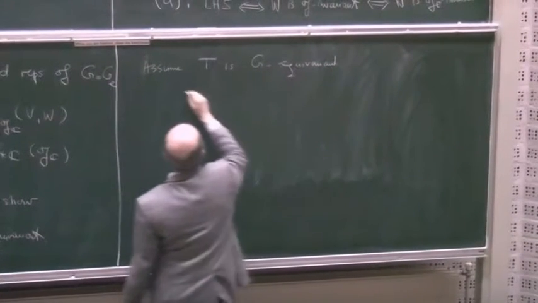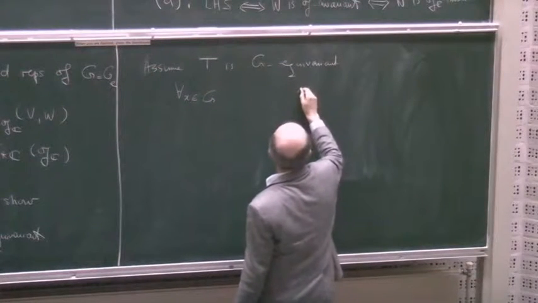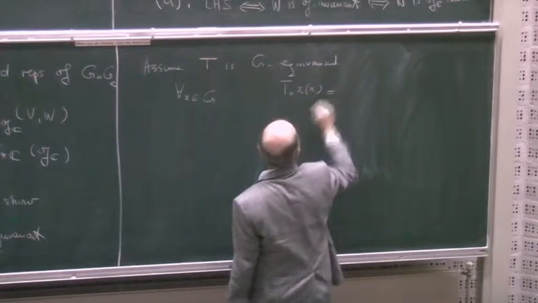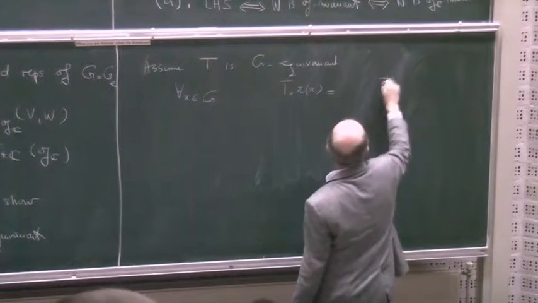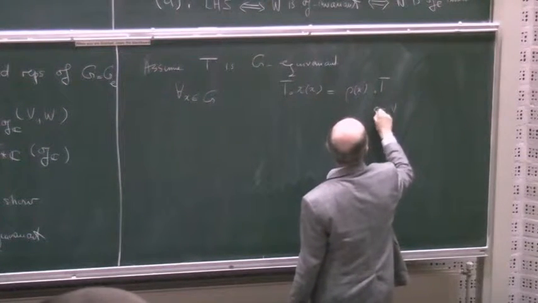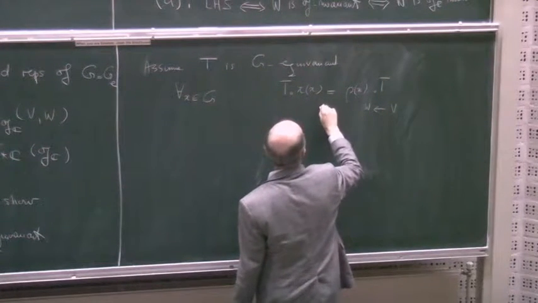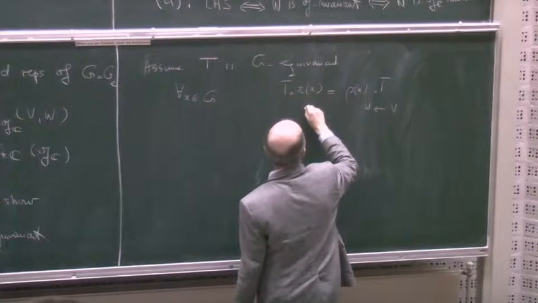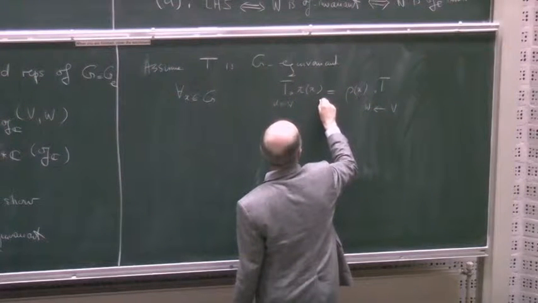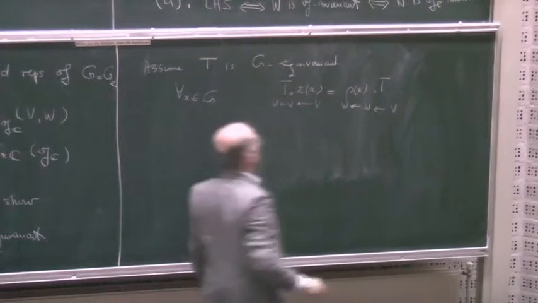So this means that for all elements of the group, we can first apply the representation pi of x, then apply T, and this is the same as first applying T and then applying rho of x. Right? This is a map from V to W, and this is a map from V to V, and this is rho is from W to W.